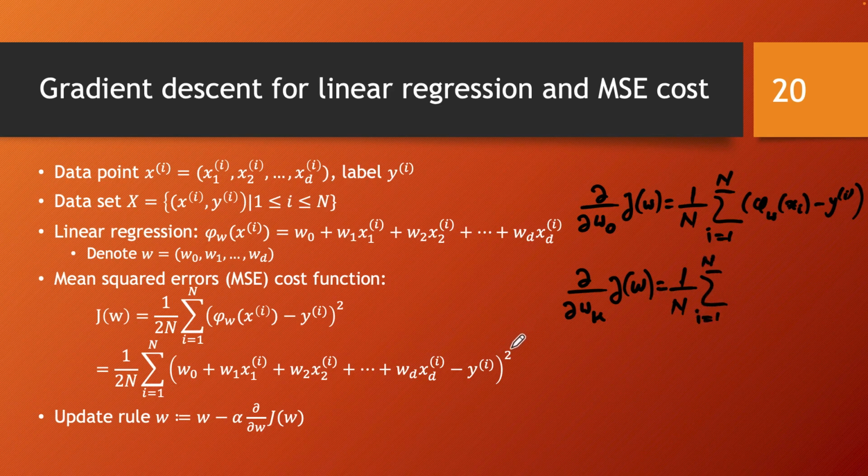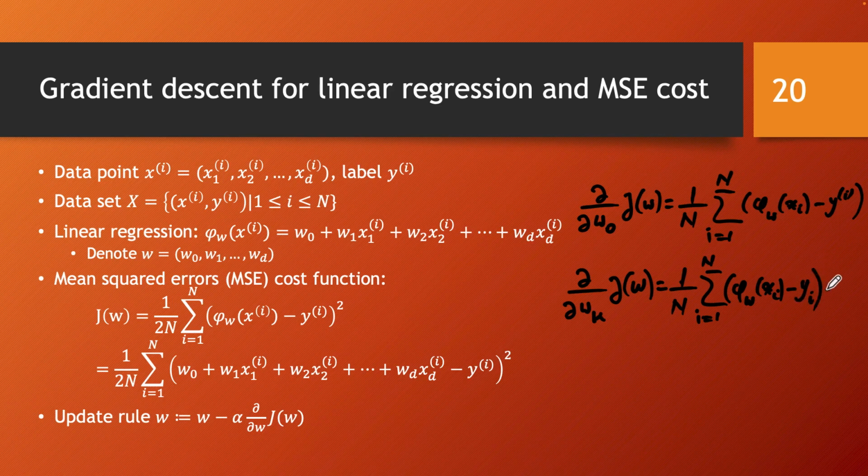And when I calculated the derivative and that gave me 2, I'm left with this whole parenthesis, which is just like before, phi w of xi minus yi.